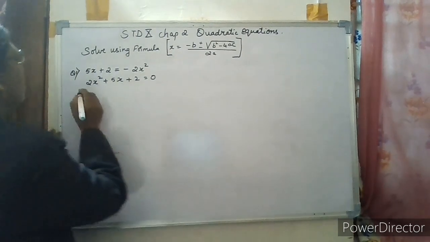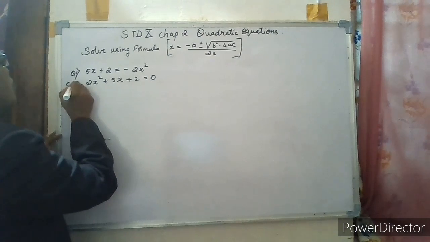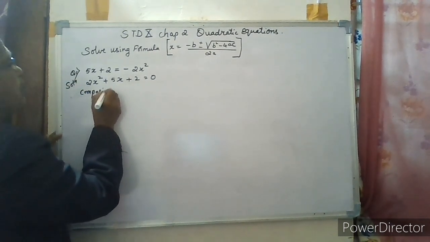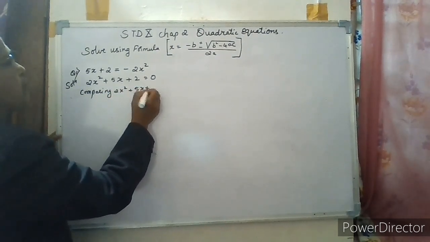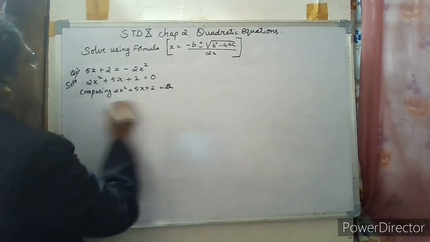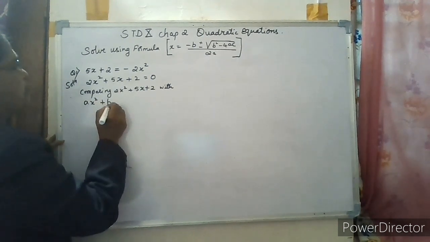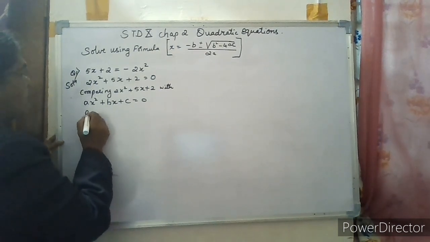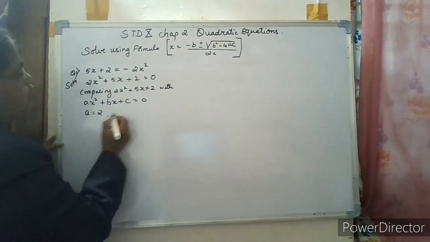So comparing the equation 2x squared plus 5x plus 2 with the general form, that is ax squared plus bx plus c equal to 0, we have got the values of a, the coefficient of x squared, is equal to 2.